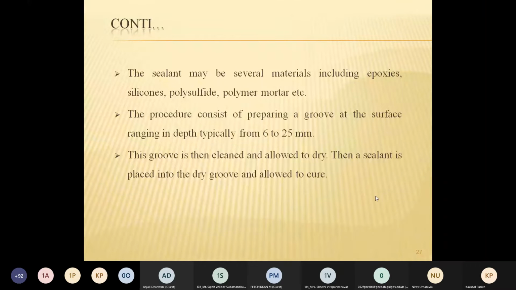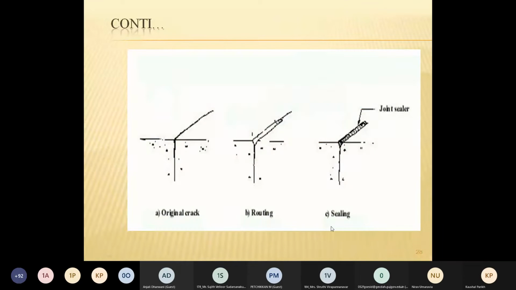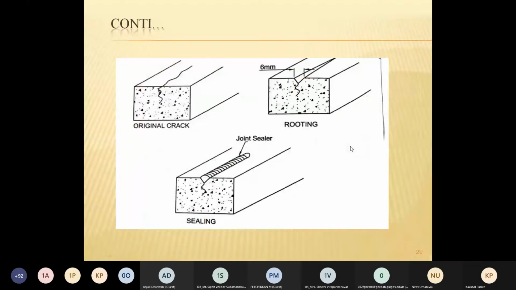This groove is then cleaned and allowed to dry. Then sealant is placed into the dry groove and allowed to cure. You see the image, the original crack is there. We have to do a routing process, like widening at the surface, and then the joint sealer is to be used over here. The detailed image has been shown over here.